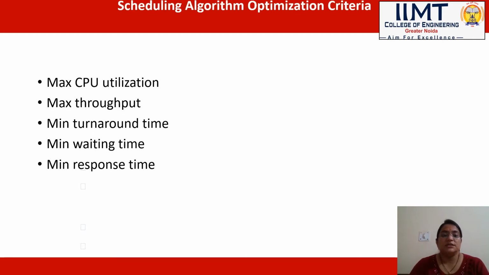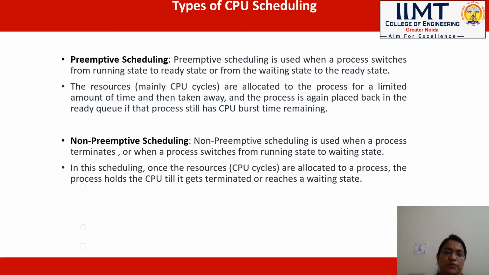So these are the scheduling algorithm optimization criteria: maximum CPU utilization, maximum throughput, minimum turnaround time, minimum waiting time, minimum response time. There are two ways of CPU scheduling in which the CPU is allocated among the processes.